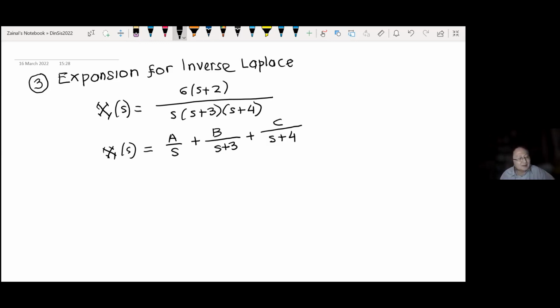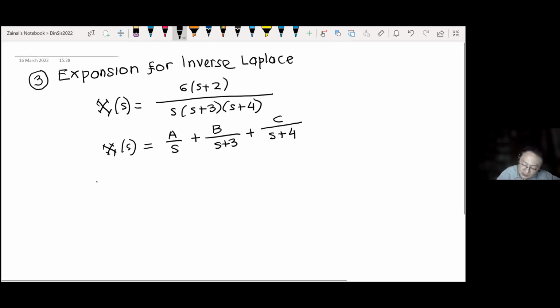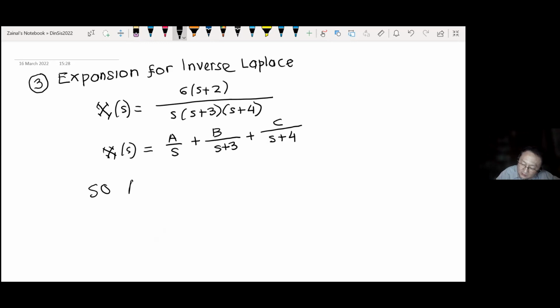How to do this one? What is A? What is B? What is C? Because when you calculate ABC, you can directly do the inverse transform. Any question?